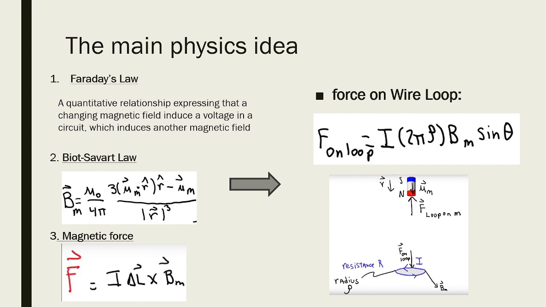And finally, you have the equation for magnetic force, F equals I times delta L cross B. With these 3 equations and theorems, we can get the equation of force on a wire loop: F equals I times the perimeter of the loop times the B field times sine theta.